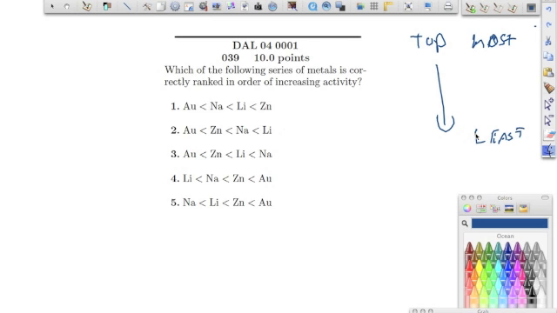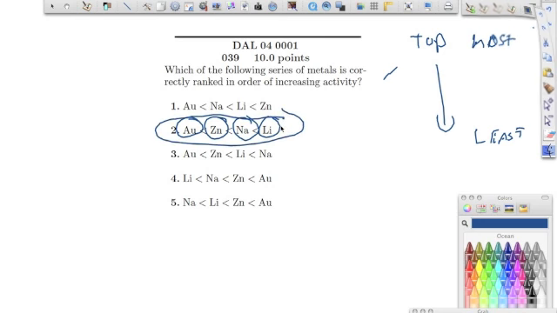And remember, this is on your formula chart. It's given to you. And what we will see is that on our activity series, lithium is the greatest. And if we keep on moving down, it'll go lithium, and then sodium, and then zinc, and then gold. Because lithium is the highest, and then it goes all the way down to gold, which is the least active. So the correct answer should be number 2.